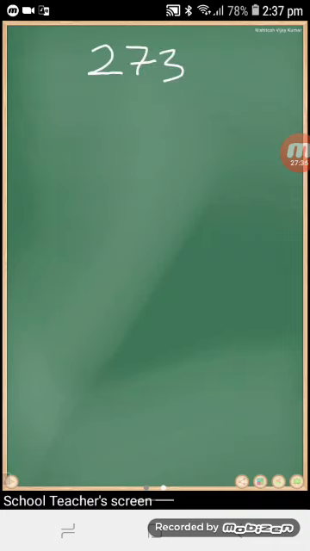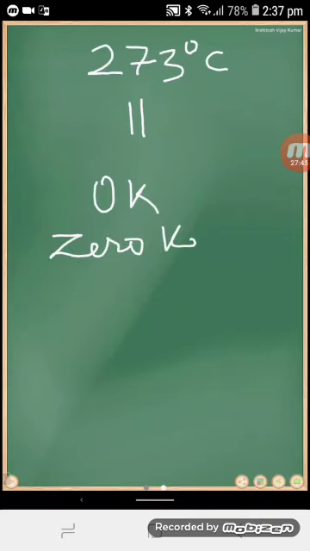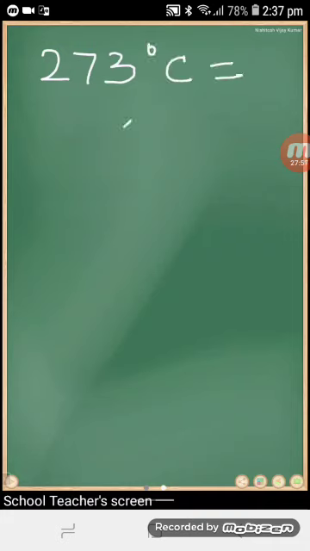Minus 273 degrees centigrade is equivalent to 0 Kelvin. Sorry, not 273, minus 273.